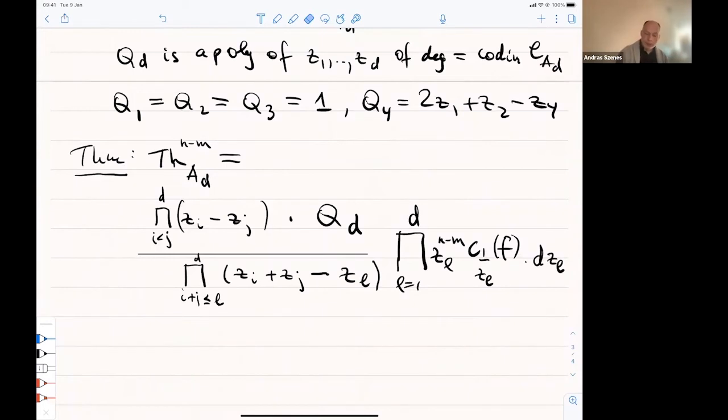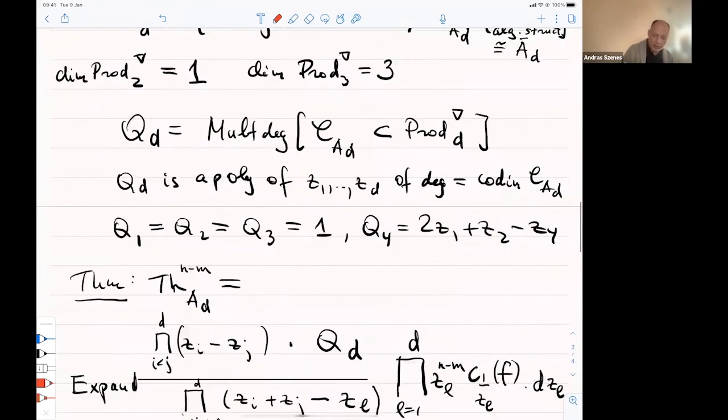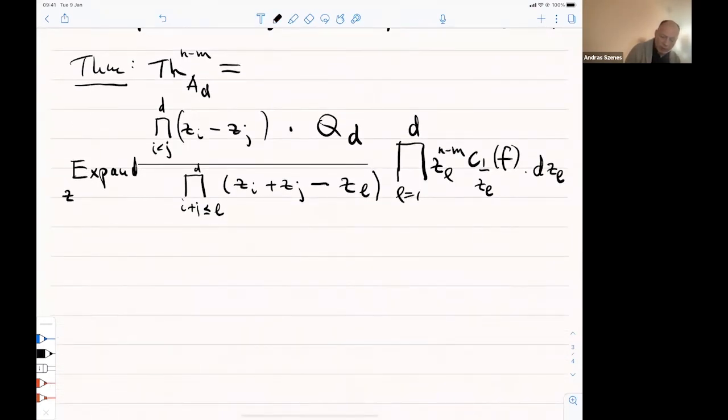And then what you need is the following. You just expand this in the region where z_D is, well, it actually will go the other way because I look at infinity. So 1 over z_D is going to be smaller, but here it appears as larger. So you expand it in the region z_1 less than z_2, etc., less than z_D.